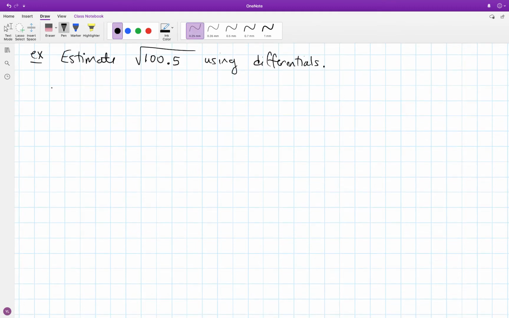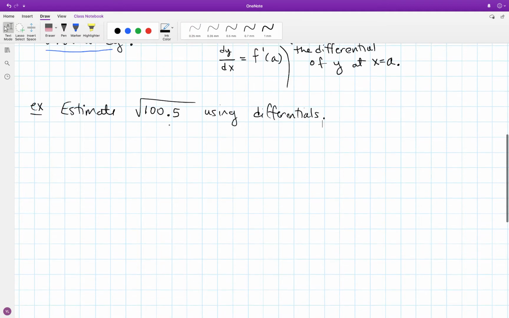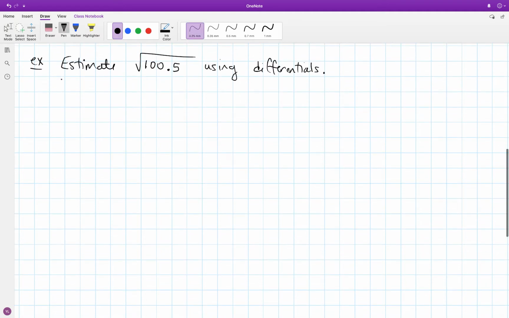So first I want to identify what the f is, what the a is, and everything, so I can put this into the context of everything that we drew up here. So the function should be square root of x, and the a value of interest, I get to choose that, and I'm just going to pick an a, just as I would with linearization, that is easy to plug into the function.